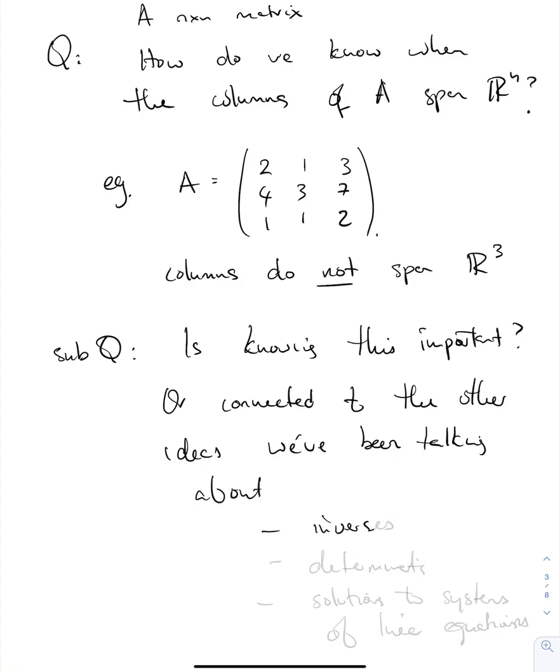Inverses, determinants, solutions to systems of linear equations. As you might guess, the answer is yes. And hopefully you'll be able to start sussing this out over the next few lessons.